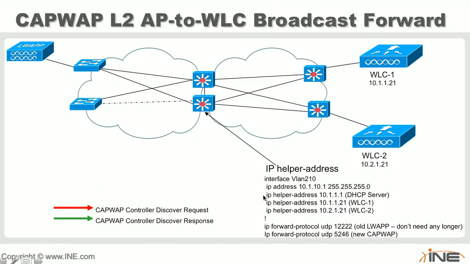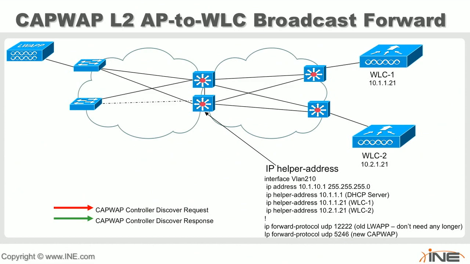Now, which type of IP packets does it turn from broadcasts into unicasts? Is it every single broadcast? No. There's another command called IP forward protocol. There's already a number of default IP forward protocol UDP ports in there, such as those for port 67 for DHCP.